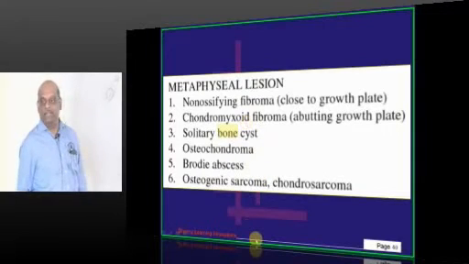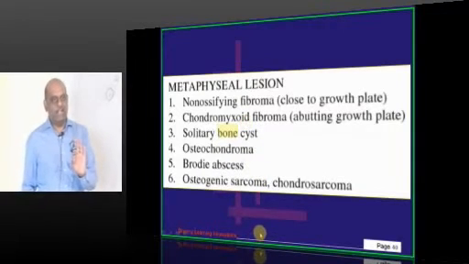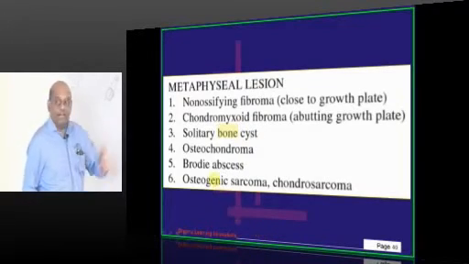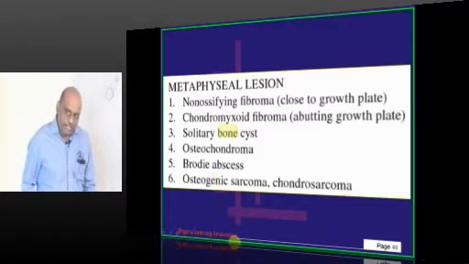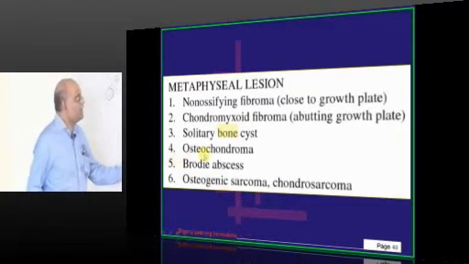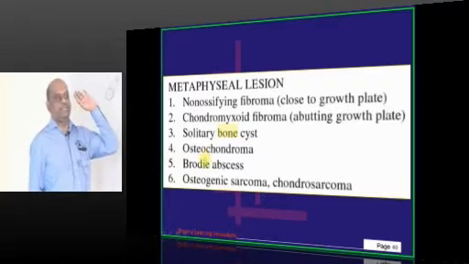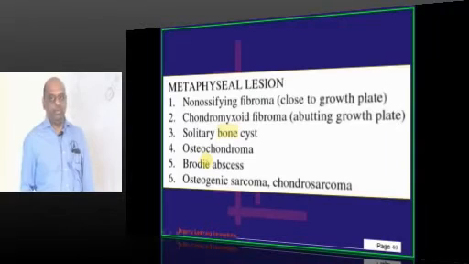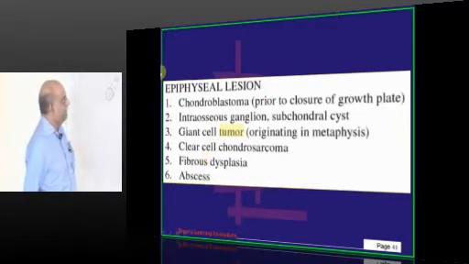Which are metaphyseal means? Entrance exam is not about the entire textbook. It is a selective part of the textbook. Right? At least for exam sake, you remember osteogenic sarcoma, chondrosarcoma, osteochondroma, solitary bone cyst. Like a parrot, you must vomit it out anytime you are woken up from sleep.